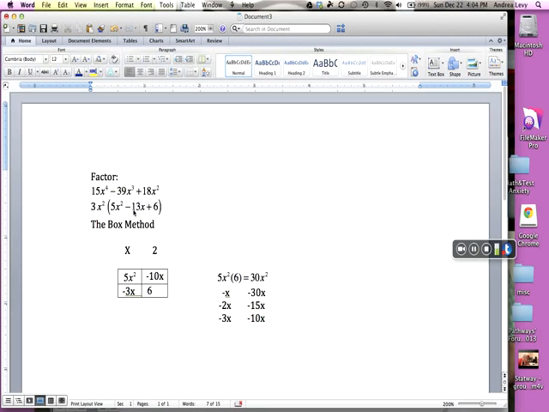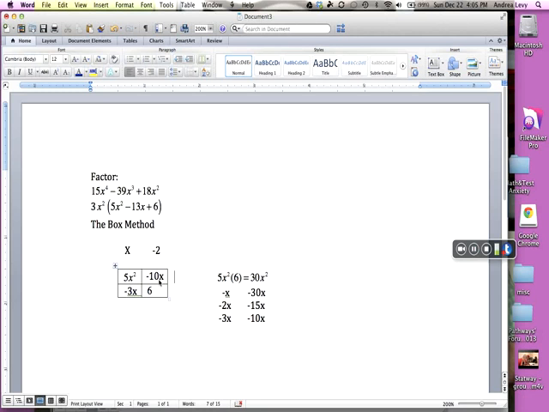But I also know that because of this negative sign in the center and this positive sign at the end, both of my terms, my polynomials, are going to have to be subtraction. So I'm going to put a negative 2 here, because I can factor out a negative 2 out of both of these numbers. And now I'm going to come over to my rows.